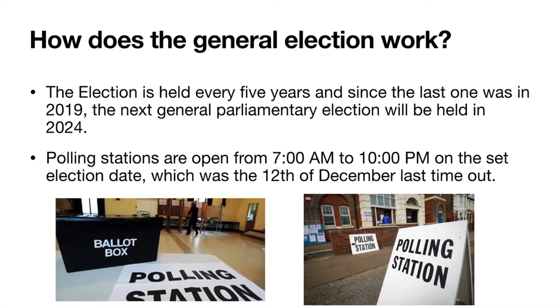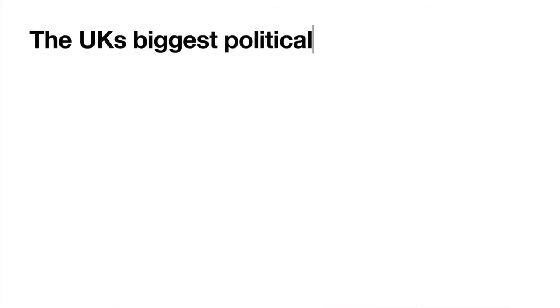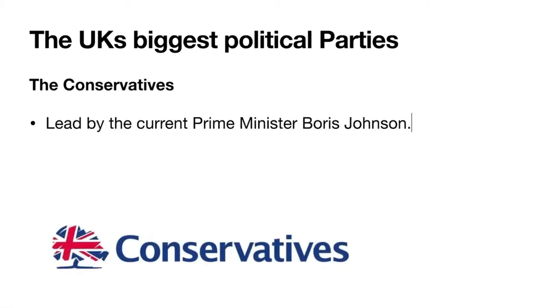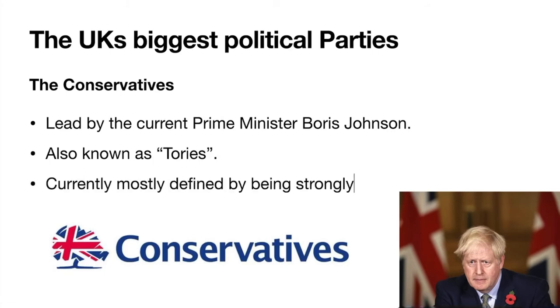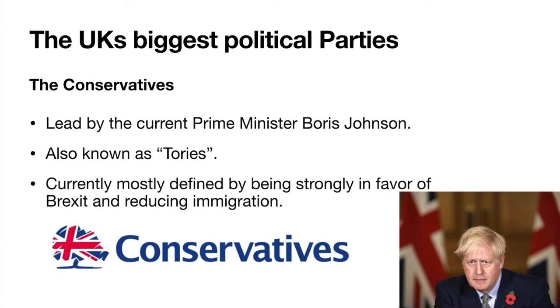With the basic concept of the UK's general election now explained, let's have a quick look at some of the important political parties the UK has to offer. The main political parties of the UK can be narrowed down to the Conservatives and the Labour Party. The Conservatives, who are being led by the current Prime Minister Boris Johnson and are also known as Tories, are currently mostly defined by being strongly in favour of Brexit and reducing immigration.